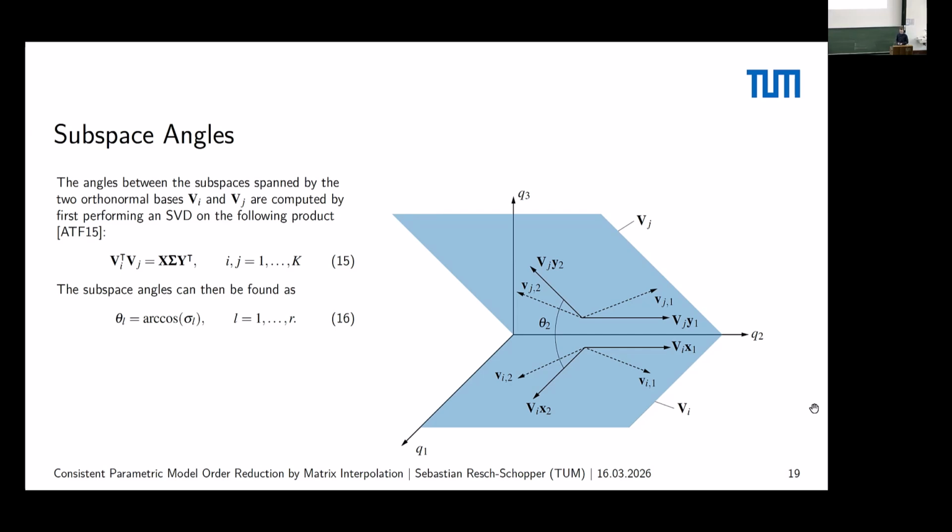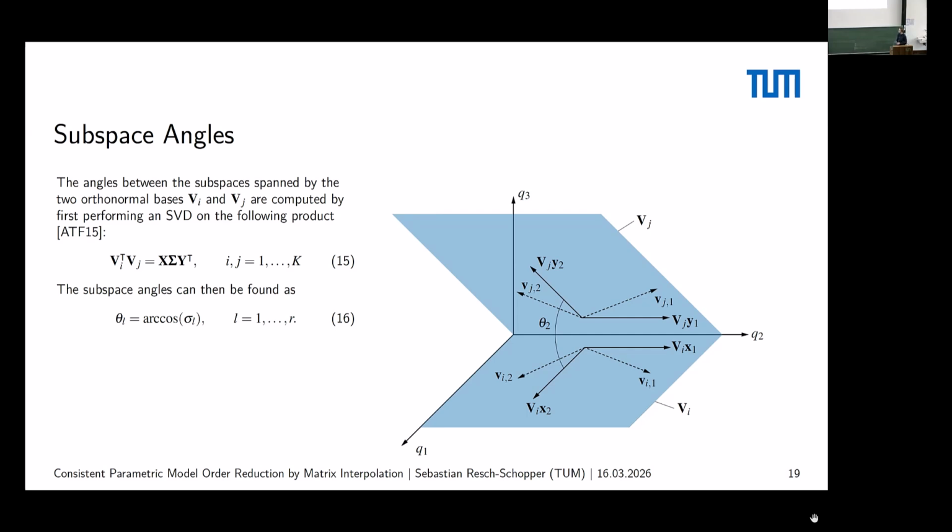So we can probably use some heuristics. If this angle between the subspaces is very small, then probably there's not a problem in projecting them into different subspaces because the change is negligible. But if it's quite large, then we probably run into problems because they are projected into different spaces.